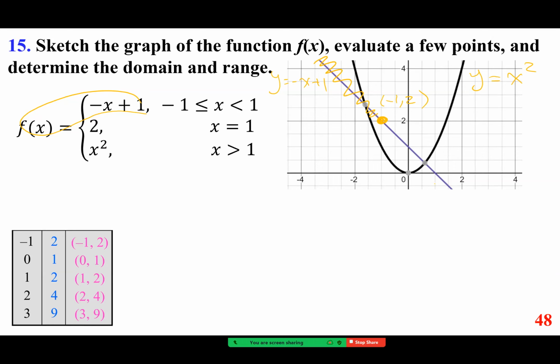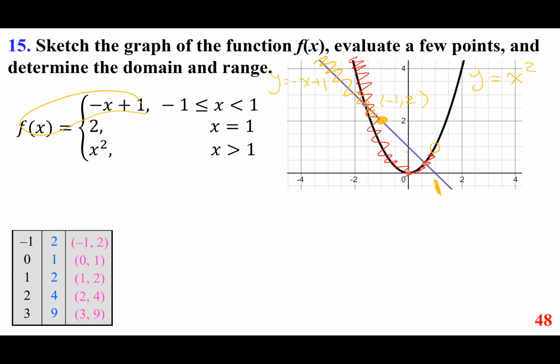So let's locate 1. At 1, we get a hole here. Let me use a different color, a red one. This portion of the parabola is not part of the graph.